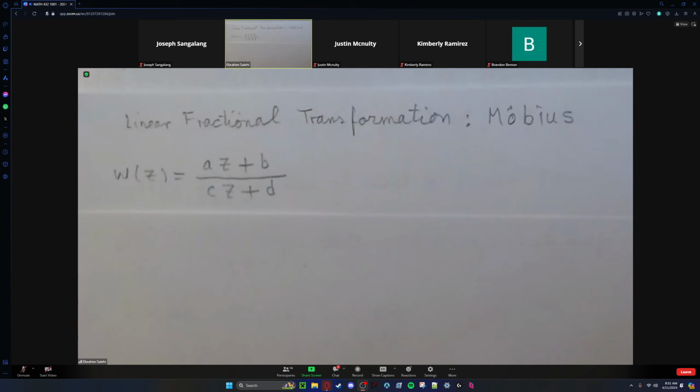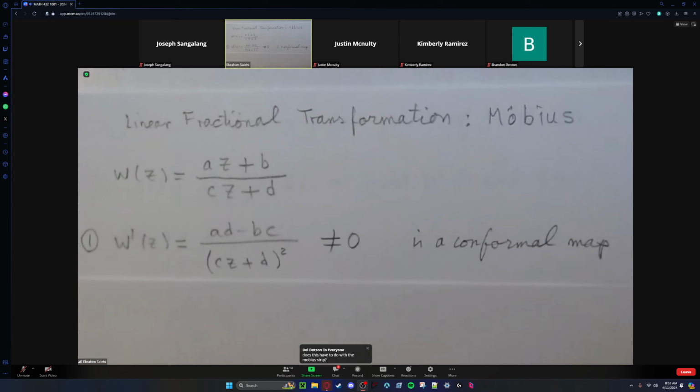As before, remember what I did with the Joukowsky airfoil function. I am going to do the same thing here and find a bunch of observations. Let's start with taking its derivative. The derivative of this function is right here.